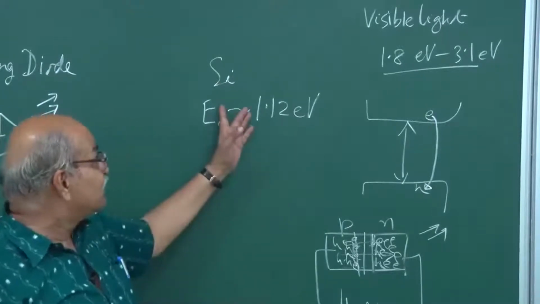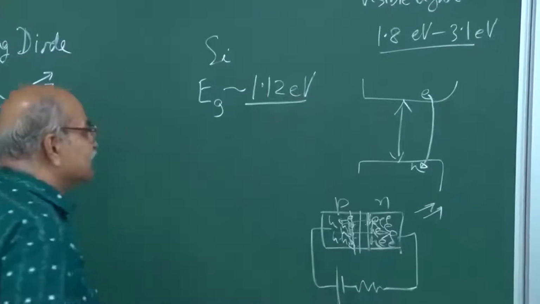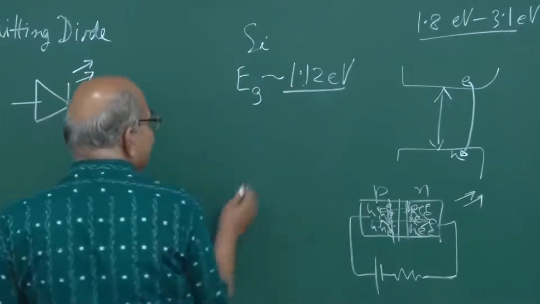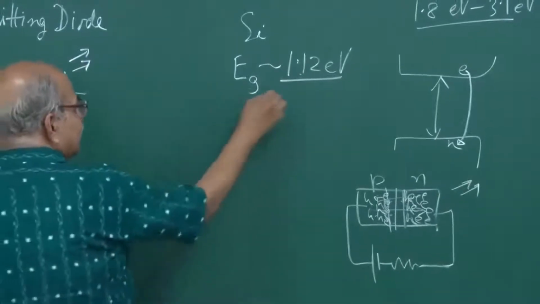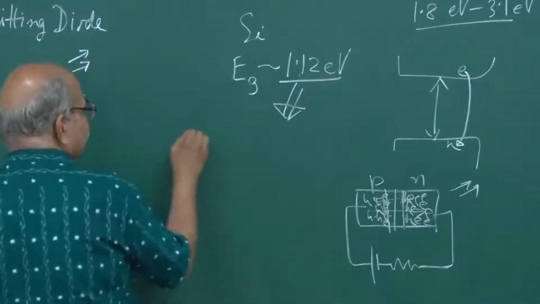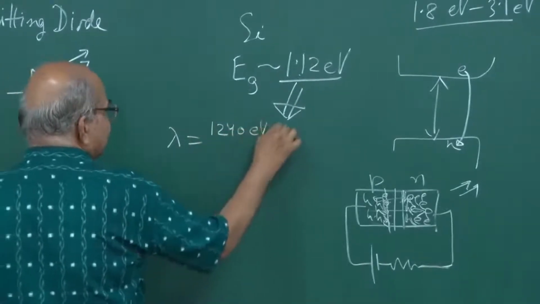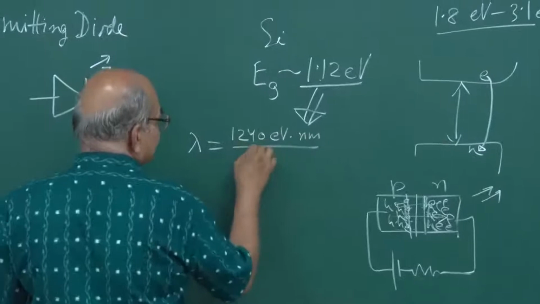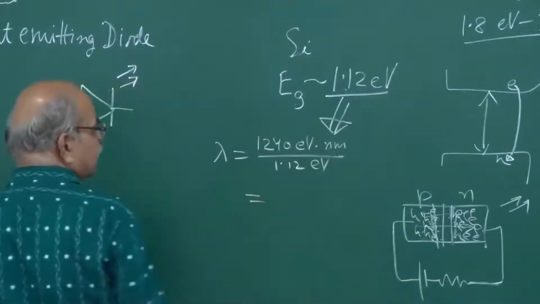If I have a silicon p-n junction, and if this is the energy gap, I can calculate the corresponding wavelength for this photon energy. That wavelength will be once again 1240 eV nm divided by 1.12 eV. So, how much will that be?